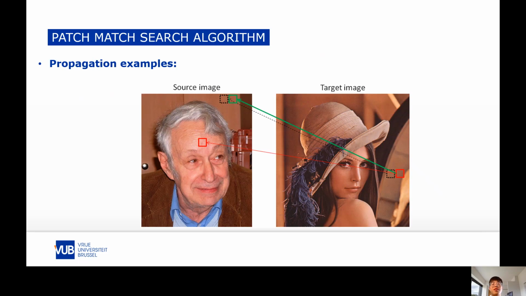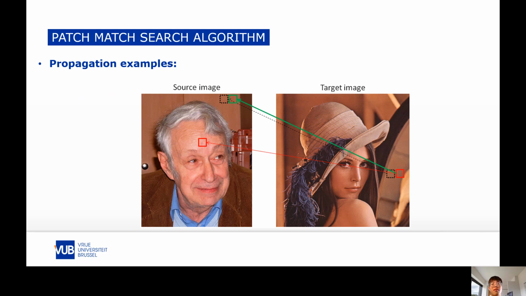Let's go back to the first picture we showed. The red patch in the target image has its own corresponding red area in the source, and its left black patch has a corresponding black area. Now we compare the black and the red areas in the source with the red patch in the target.